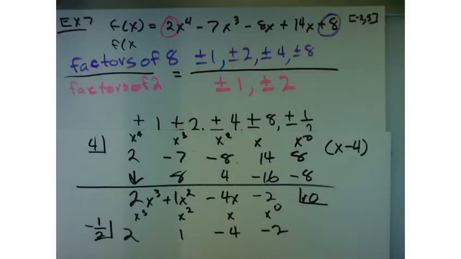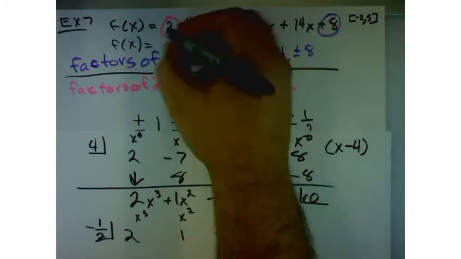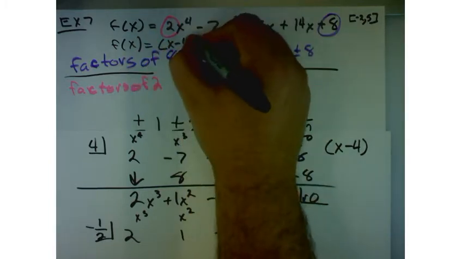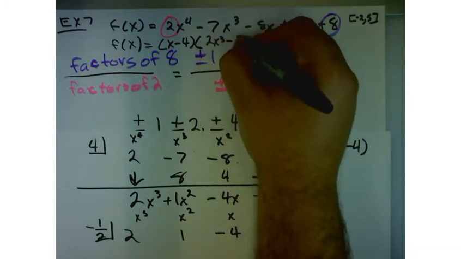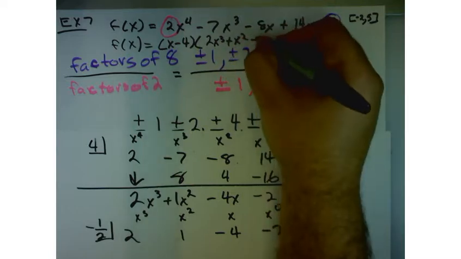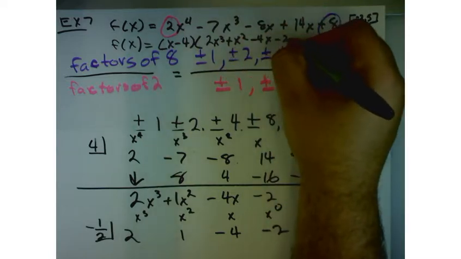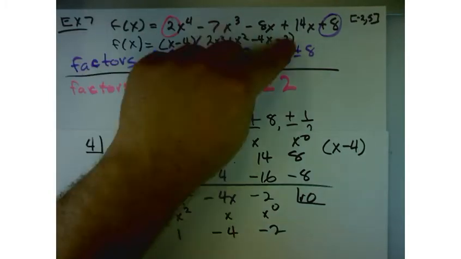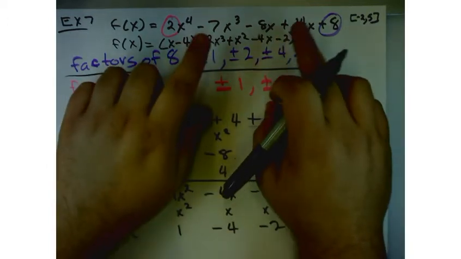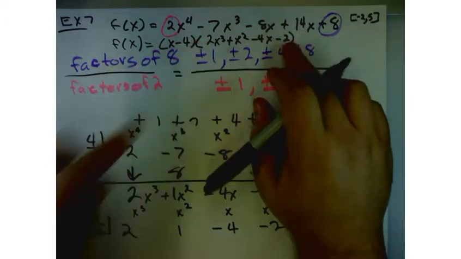The reason I'm doing that is I've established that f of x is equal to x minus 4 times the quantity 2x cubed plus x squared minus 4x minus 2. So I've divided this by this and got this. So now I'm going to start divvying this up. I'm going to divide this by another polynomial.